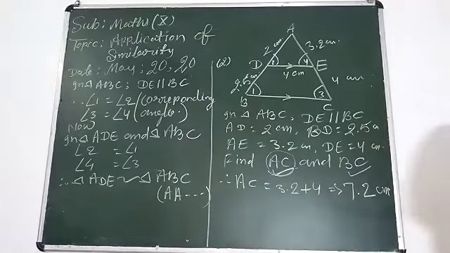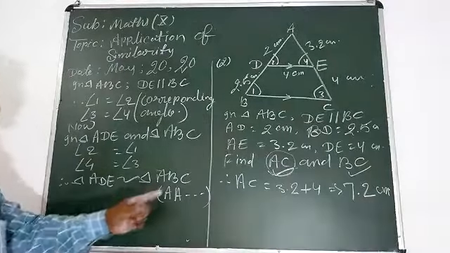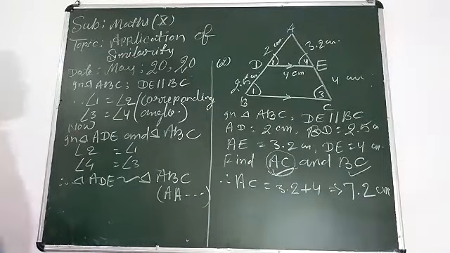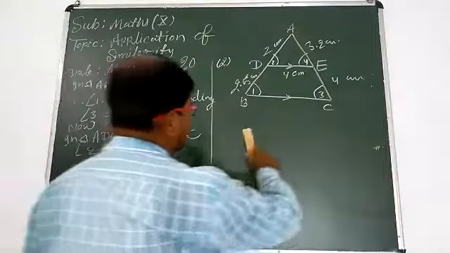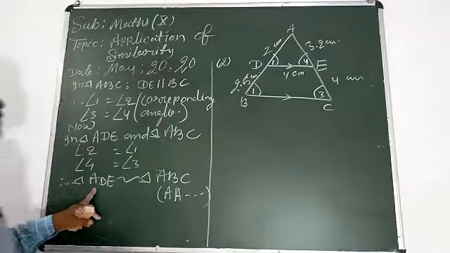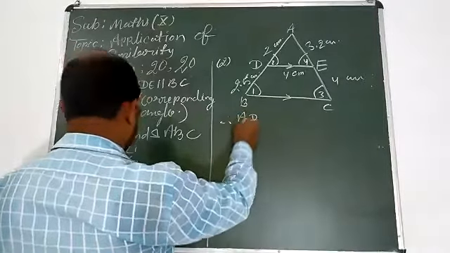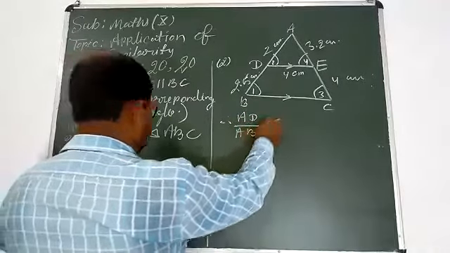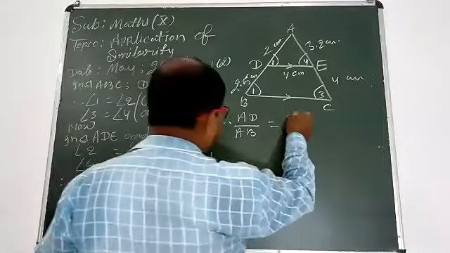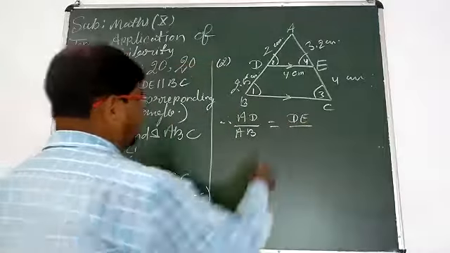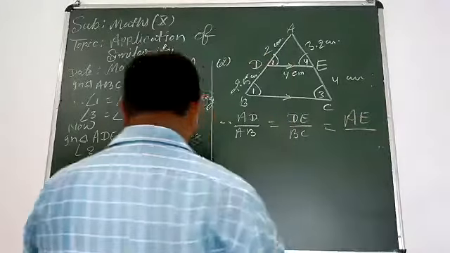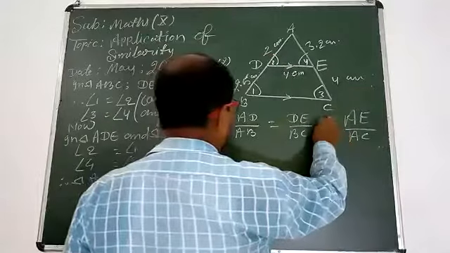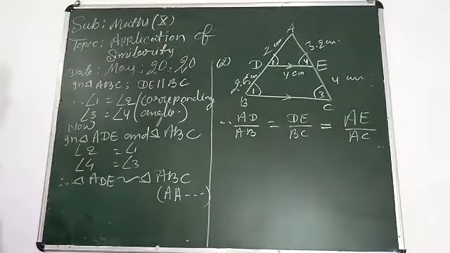Now we go to the corresponding sides and write the proportionality: AD upon AB equals DE upon BC equals AE upon AC.